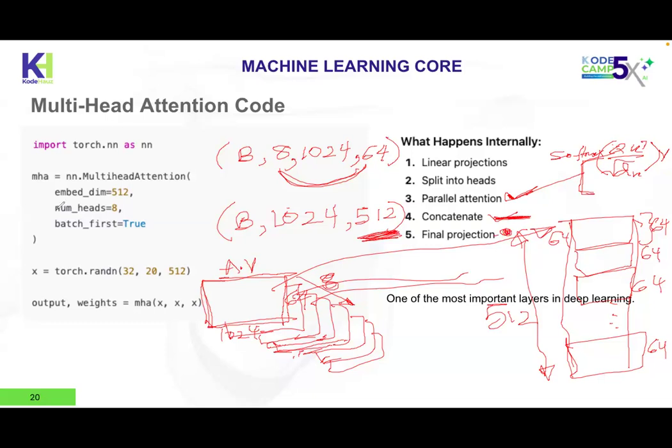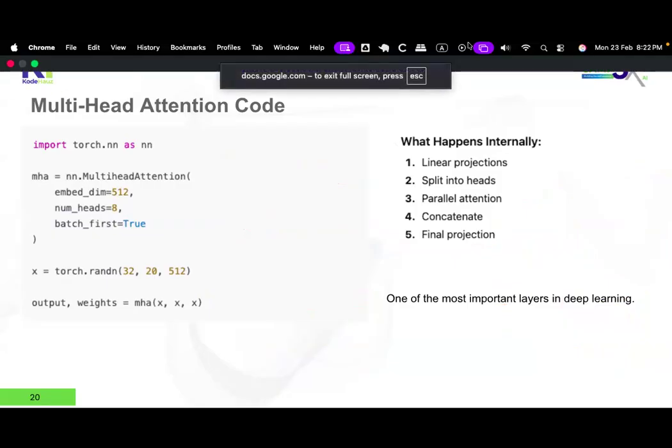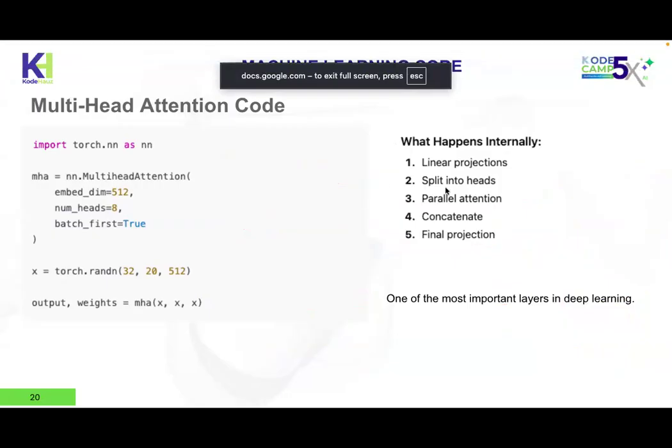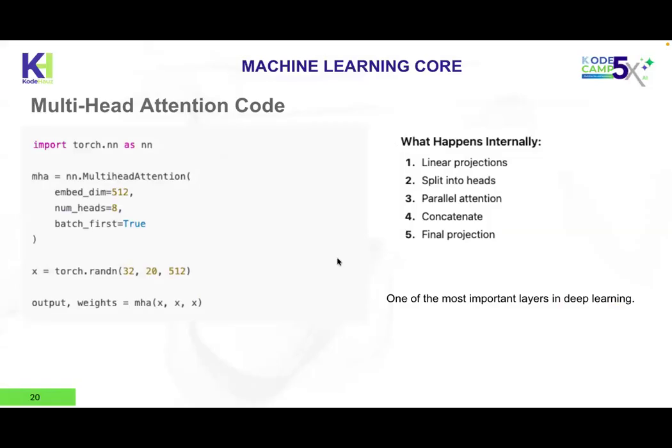So that is an explanation of multi-head attention. I really needed to explain that so that we can understand all of that. Okay, so with that, we have multi-head attention, and that's really what it is. Why I spent time to explain this is because this is one of the most important layers in deep learning. I'm not going to do any more explanation. I think this should be enough.